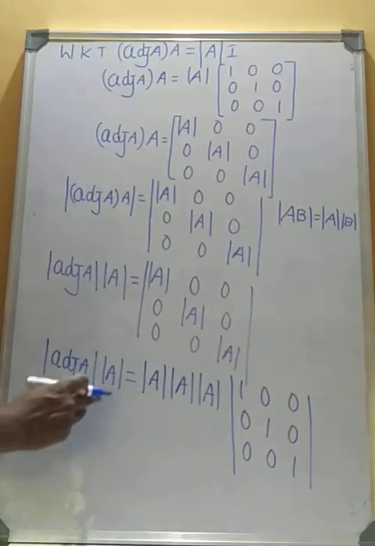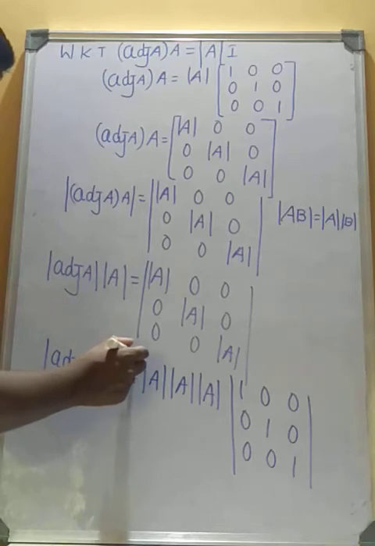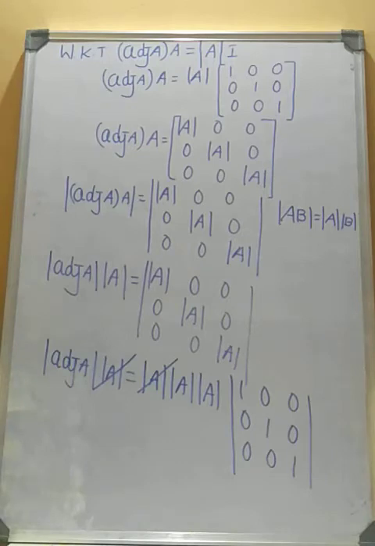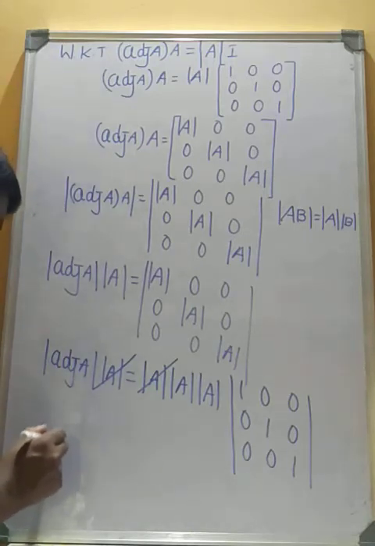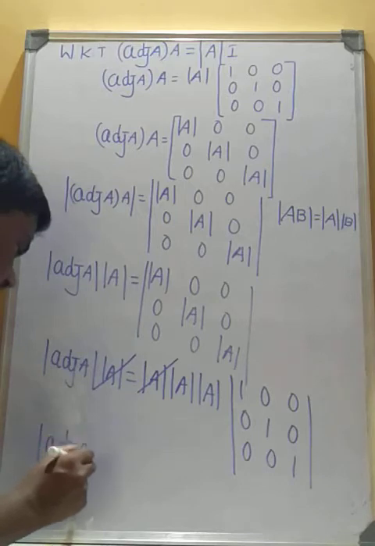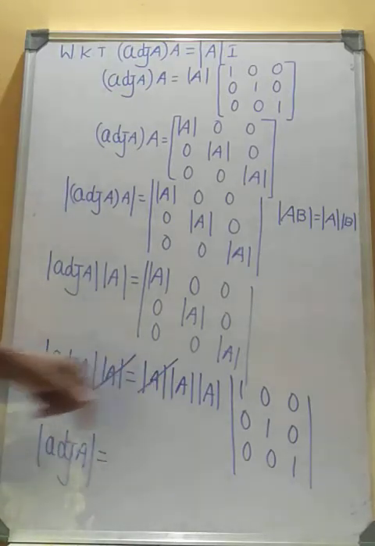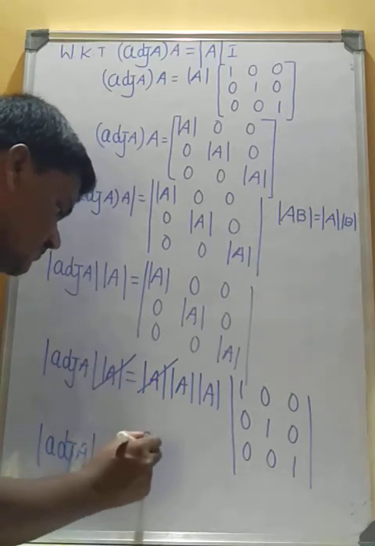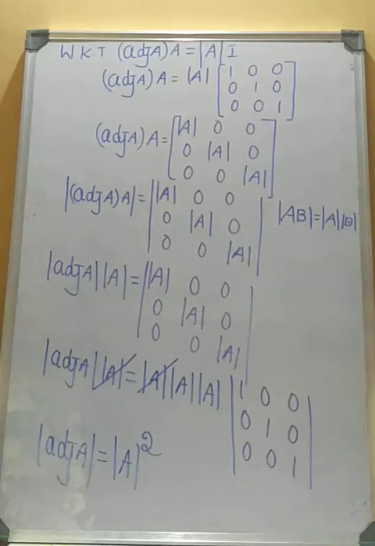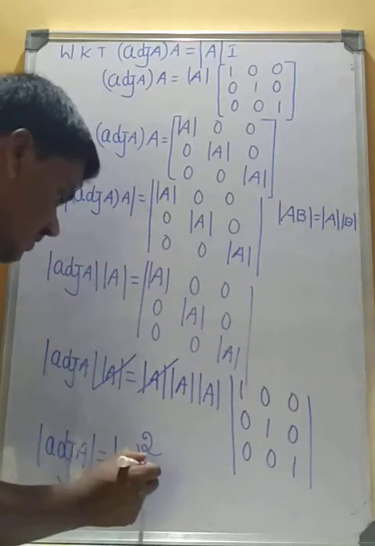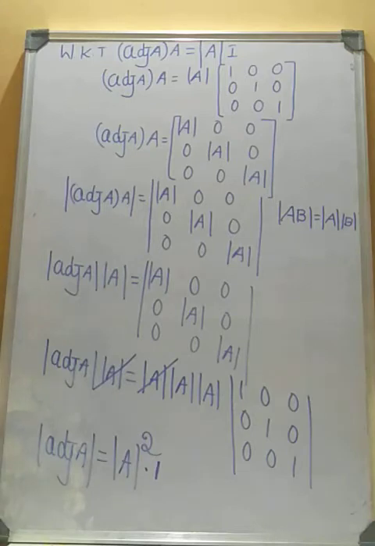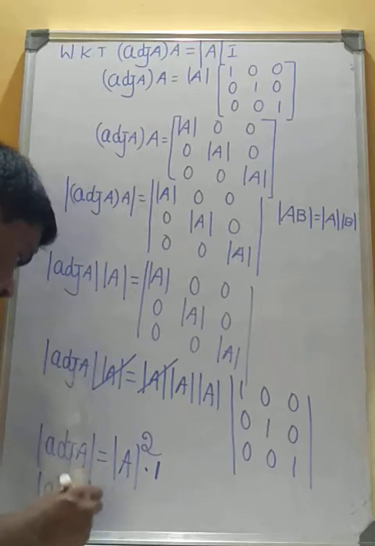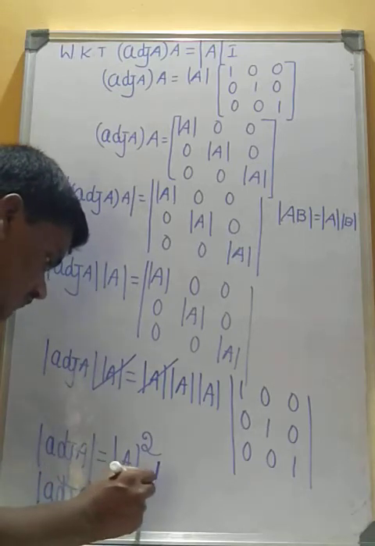So here left hand side determinant of A and right hand side one determinant of A gets cancellation. Therefore determinant of adjoint A is equal to determinant of A into determinant of A, which can be written as determinant of A square. The value of this determinant is 1. So therefore determinant of adjoint A is equal to determinant of A square.